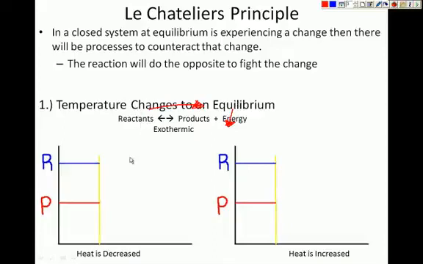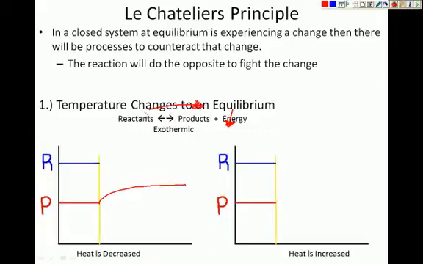So again, if heat is decreased, the reaction will go forward, will move in the forward direction, or what we say is shift right, okay? And it'll try to make more heat, more energy. And so when it shifts right, the products increase.